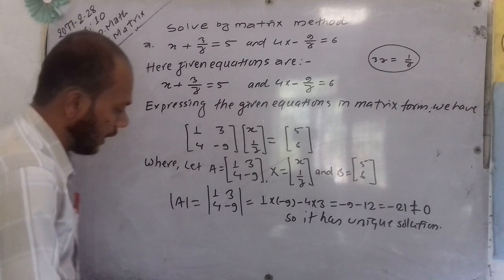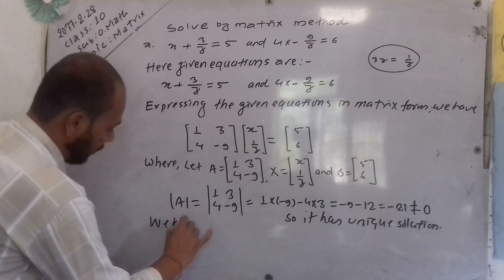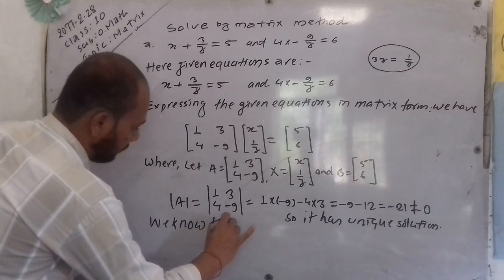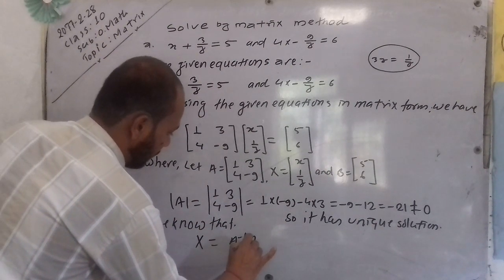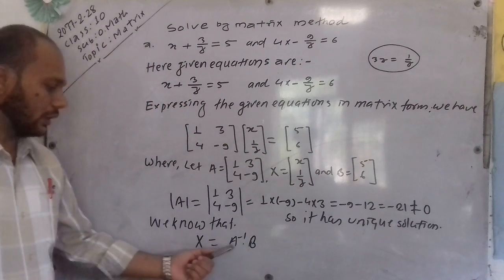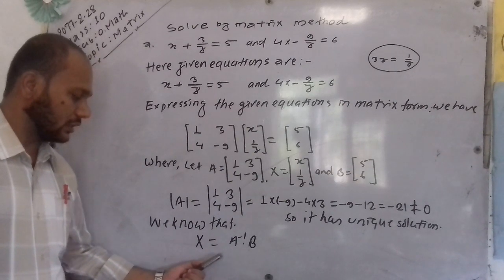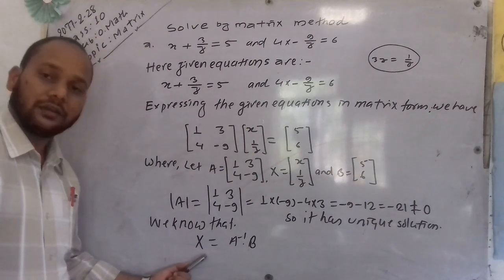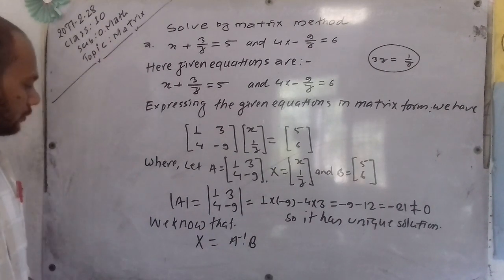And now we have the formula. We know that X is equal to A inverse B. Yesterday we completed this formula. We also completed the derivation of this formula, how we write X is equal to A inverse B. Okay, write down.